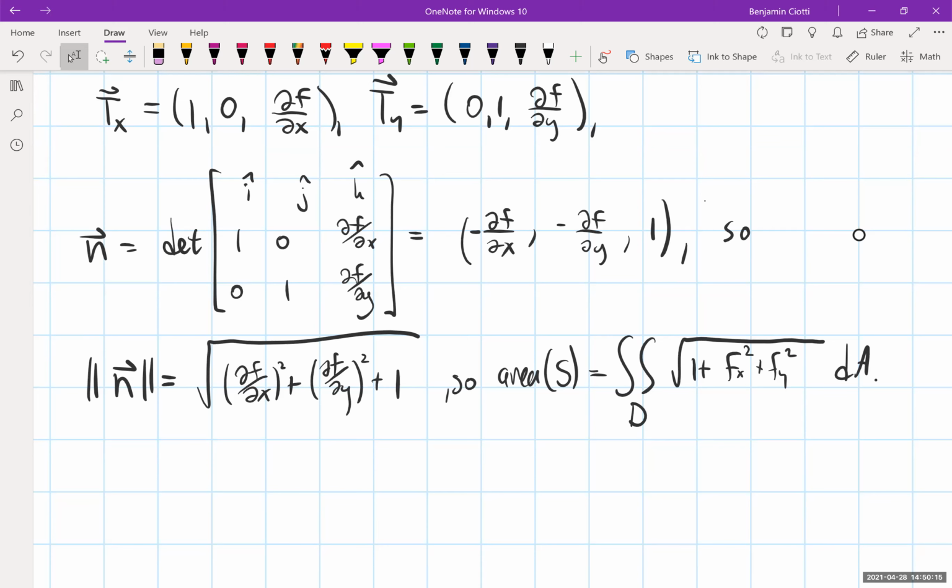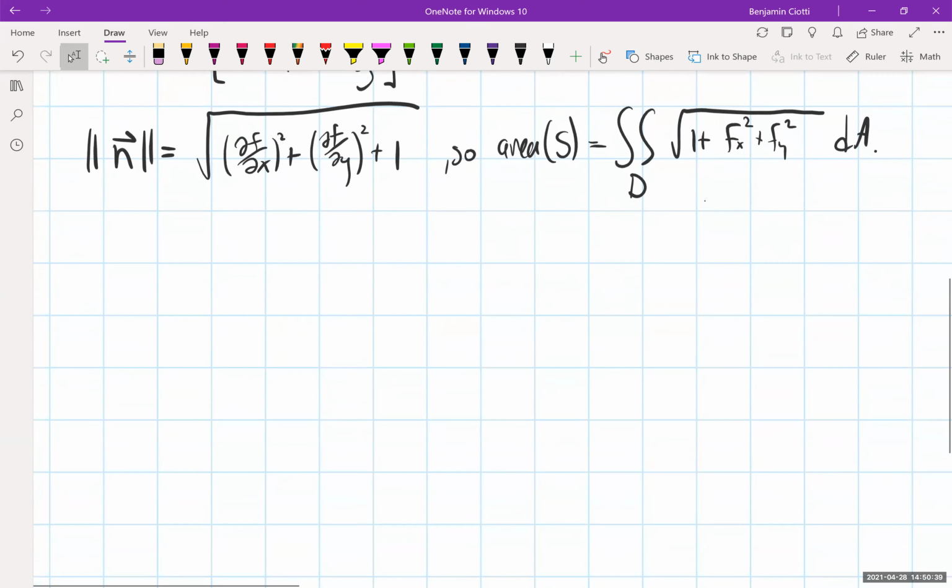All right, let's see, Martha was asking. Okay, so for surfaces of revolution, I think you can. There's more than one way. Here might be one way.